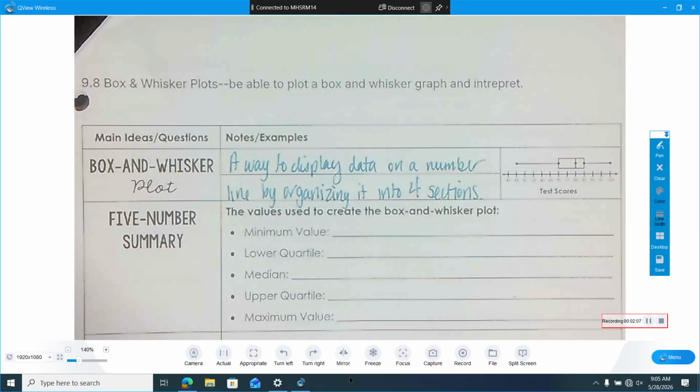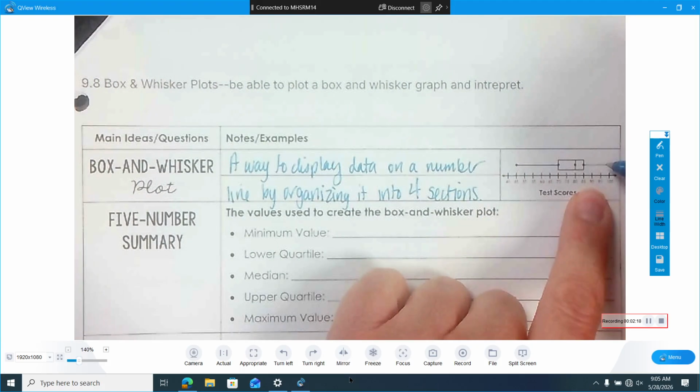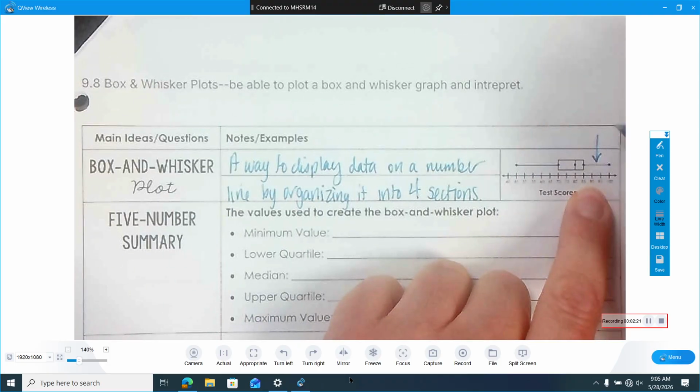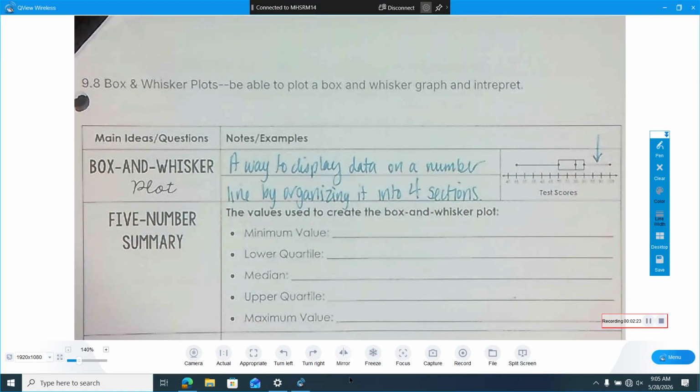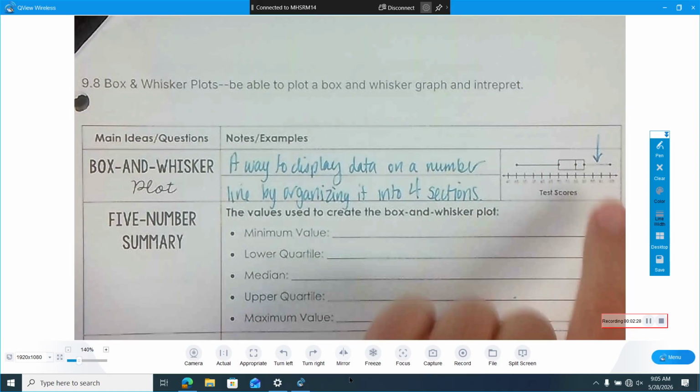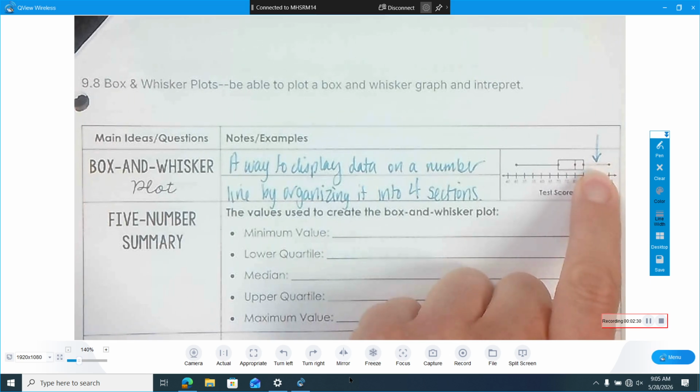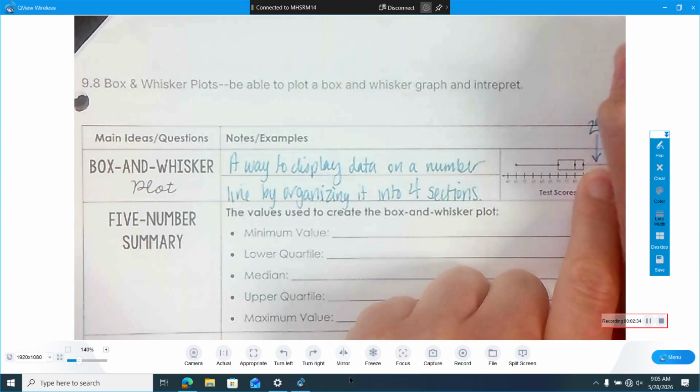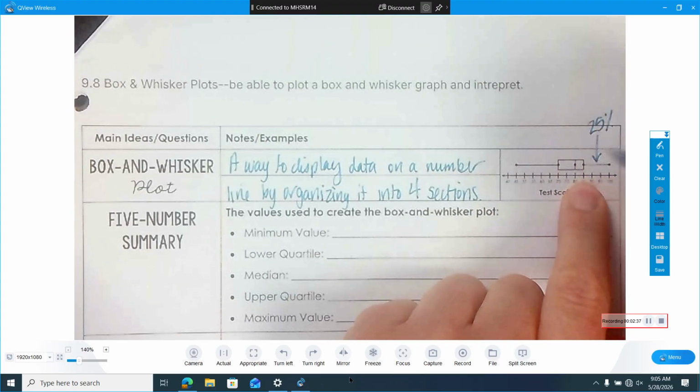And what happens is it literally takes the data and breaks it into 4 equal sections. And so what's interesting is each little section, if we're taking data and chunking it into 4 groups, well, how much of the data is in each little section? 25%. 25% of your data is in each little section.